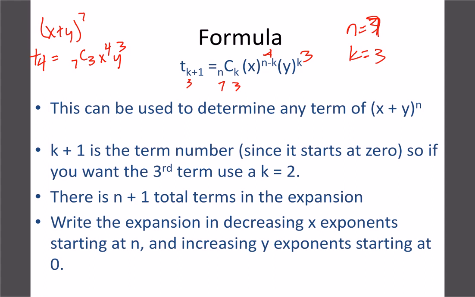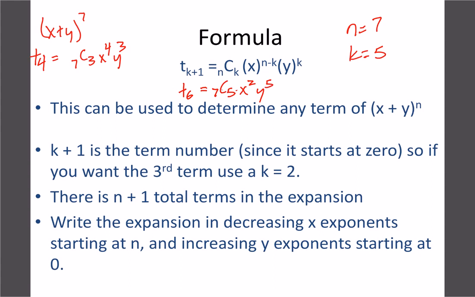Let's try a different one for this exact same scenario. Let's do the sixth term. If I wanted the sixth term for this one, our n is still 7, and if it's the sixth term, we'd have a k of 5. So if we plug those in, 5 plus 1 is 6, we'd have 7c5, x to the 7 minus 5 is 2, and y to the 5.